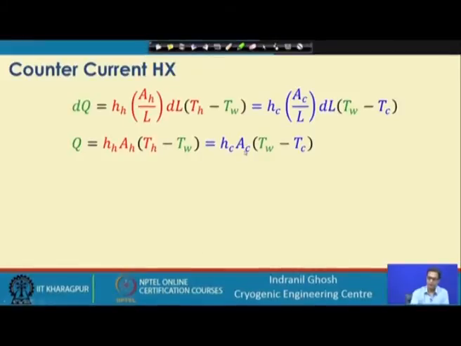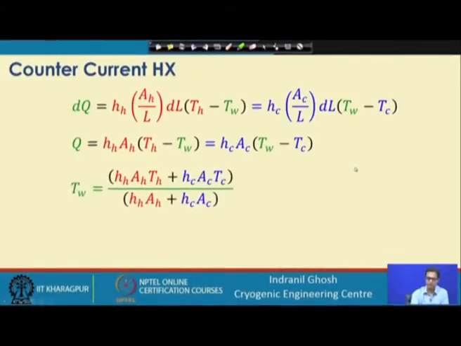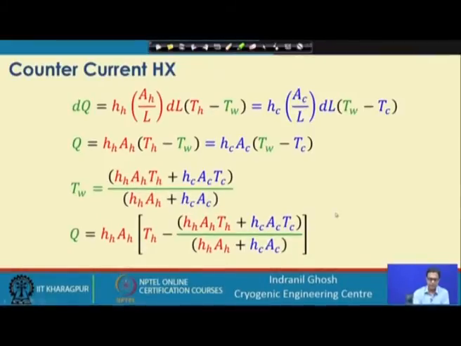Now, if we simplify this equation to find out the wall temperature, we find this relation. Now, what we can do is put this wall temperature and replace it in either of these equations. When we replace the wall temperature in the earlier equation, we find that the heat transfer becomes like this.